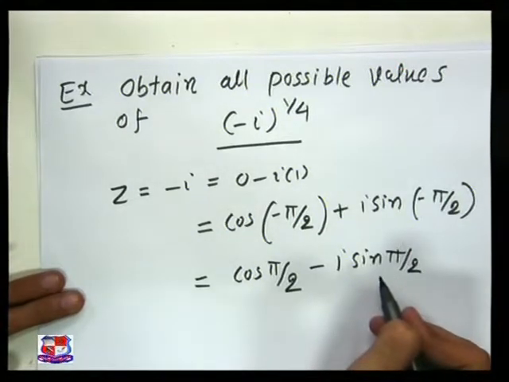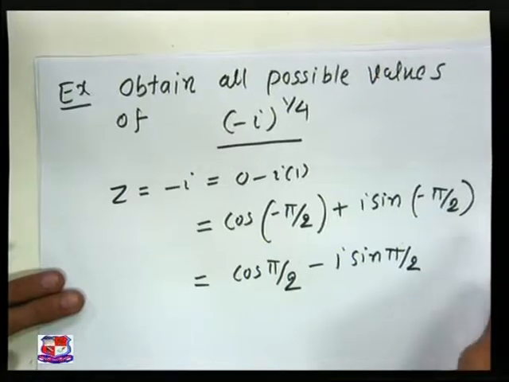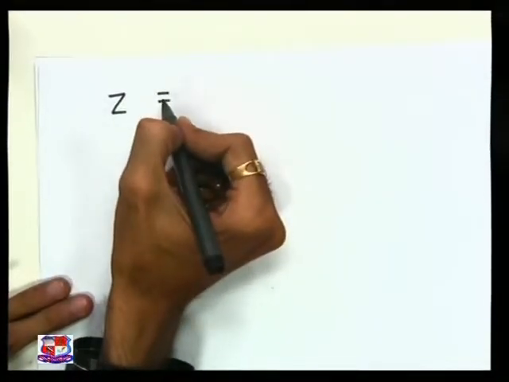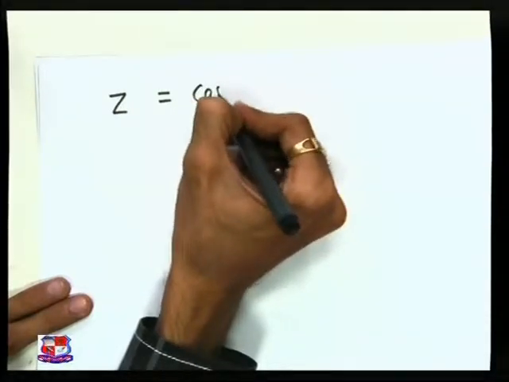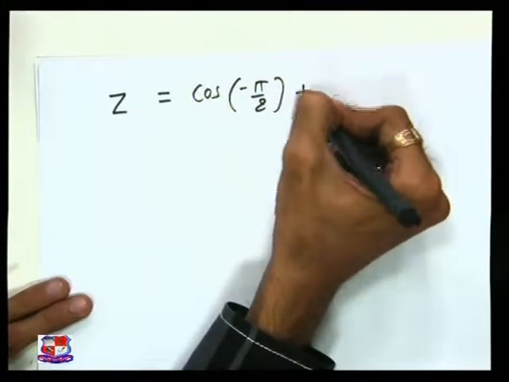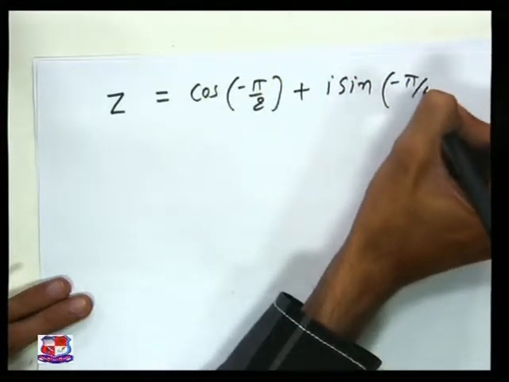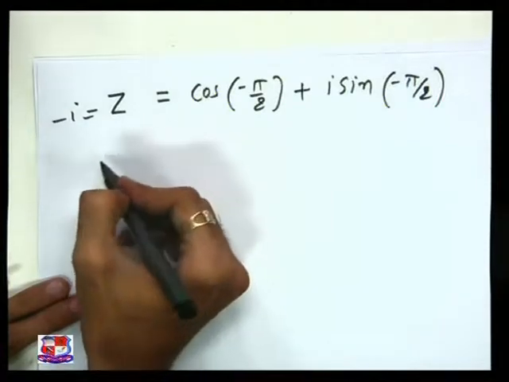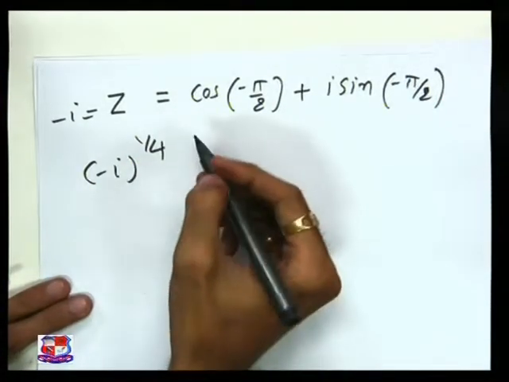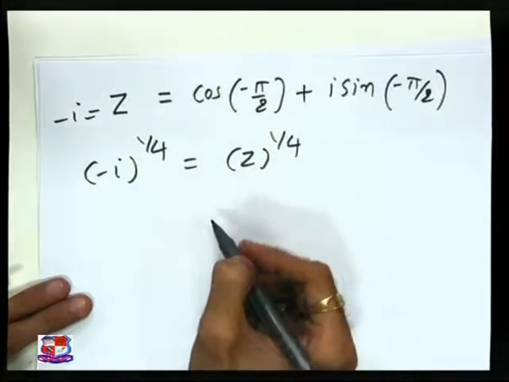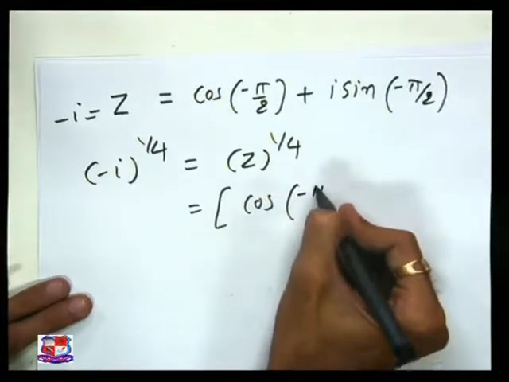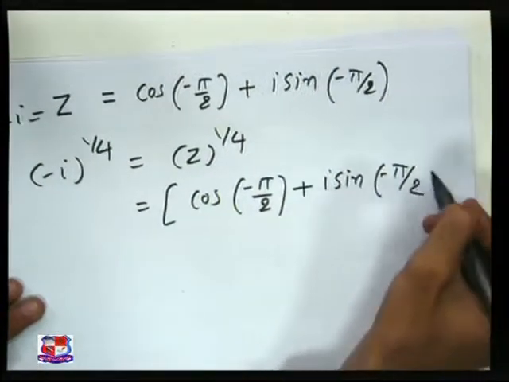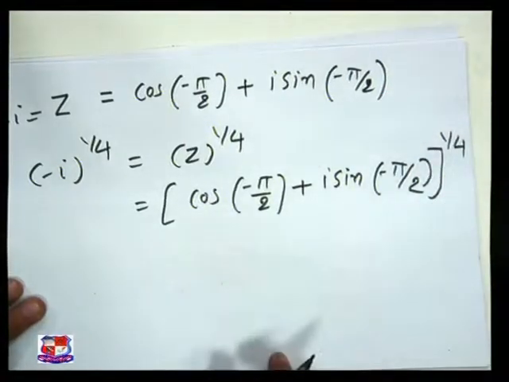Now if I want to use De Moivre's theorem, I have got z is equal to cos minus pi by 2 plus I sine minus pi by 2, and z is equal to minus I. We want to find minus I raised to 1 by 4, which is equal to z raised to 1 by 4, which is equal to cos minus pi by 2 plus I sine minus pi by 2, raised to 1 upon 4.